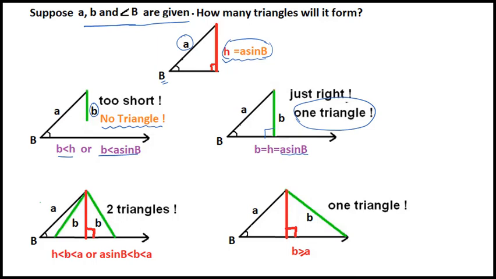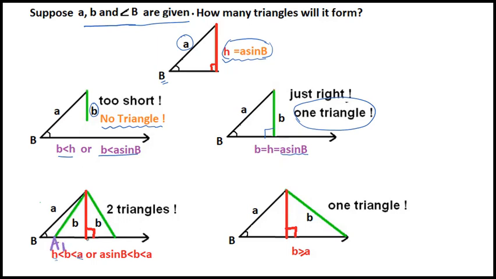If this b is between h and a, in other words, b greater than a sine B and less than a, then you could say we have two triangles formed. Let's label here.